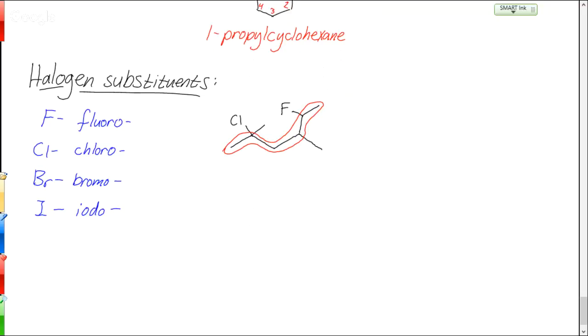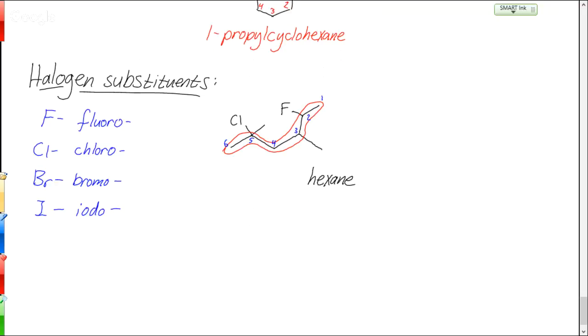All right, so where are we going to start numbering? Yeah, we can look at both of these. This is one of those ones where you may want to try it both ways so you can see. If we start from the right, that would be 1, 2, 3, 4, 5, 6. So this is hexane.